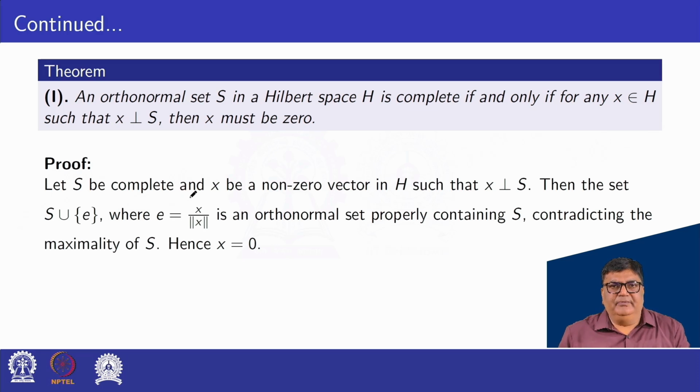Let S be complete and x be a non-zero vector in H such that x perpendicular to S. Then this set S union set E, where E is equal to x upon norm x, is an orthonormal set properly containing S, contradicting the maximality of S. Hence, x is equal to 0.